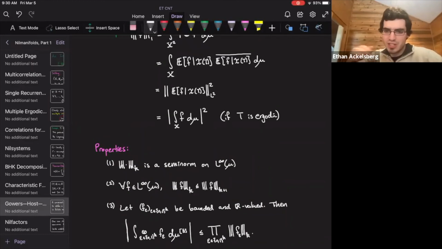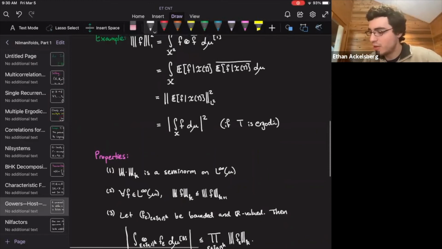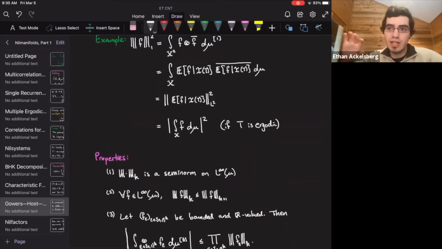As I've suggested by thinking about these as levels of complexity, the seminorms are non-decreasing. As I said, anything that's in the ergodic component is going to have one seminorm equal to 0. But if it's sitting in the Kronecker factor, then we'll have some T cross T invariance happening, and so its 2 seminorm will all of a sudden be positive, and then all of the higher seminorms will as well.